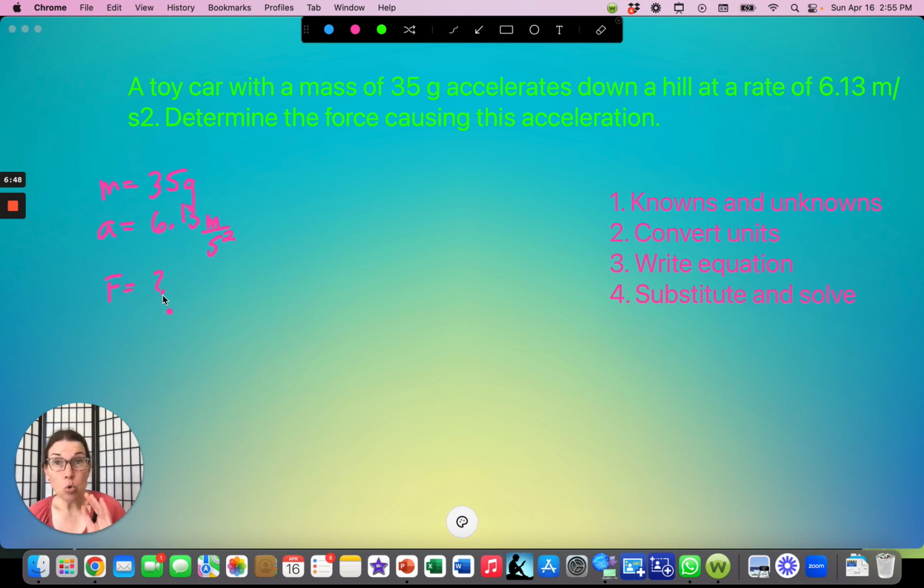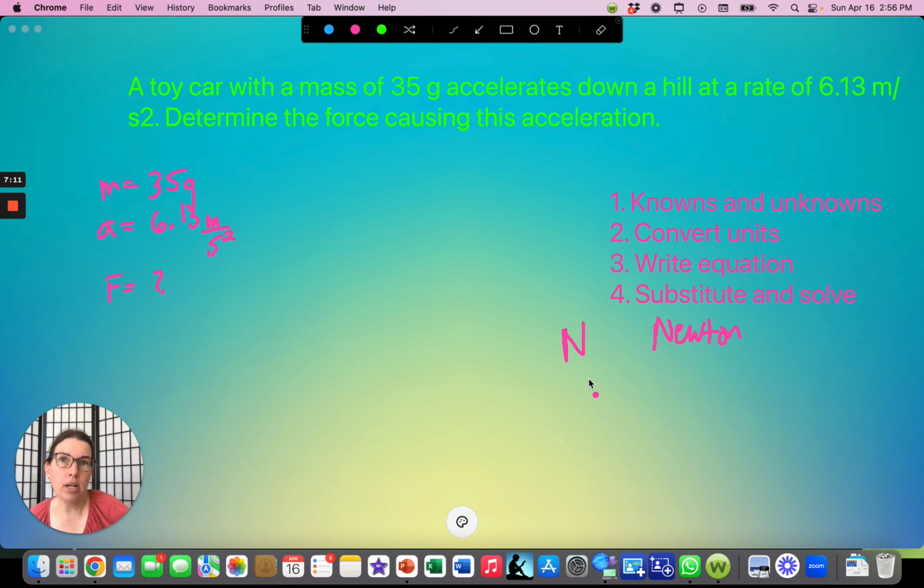So when we are dealing with force, these are the units you always use. Units of force are called newtons, and that's represented by the capital N. It stands for newtons, named after Sir Isaac Newton. Isn't that cool to have a unit named after you? Something we should aspire to. And a newton has a definition.